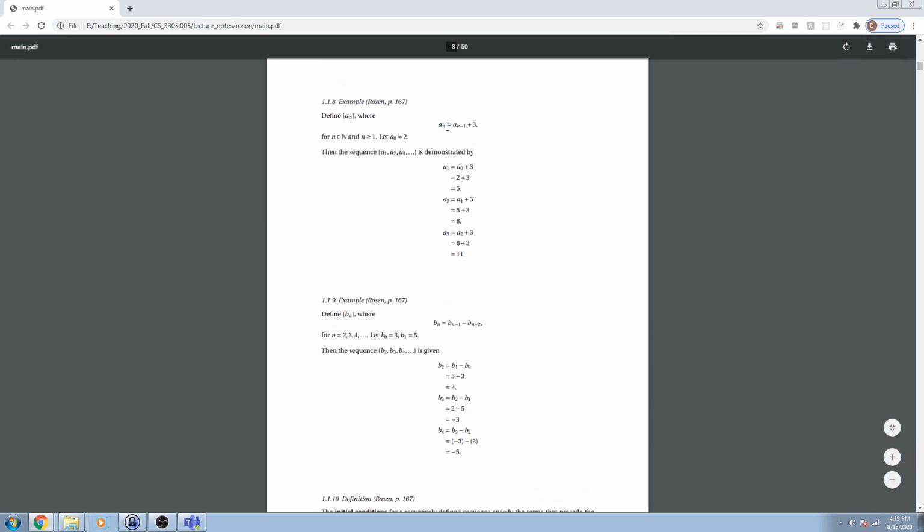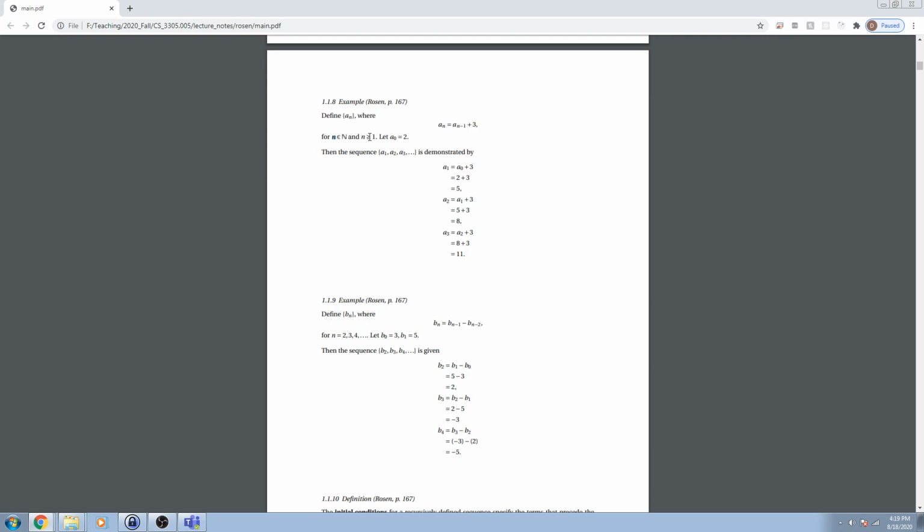So you have a sub n defined in terms of the previous term in the sequence, n minus 1, and it's just whatever that previous term was plus 3. Okay, so you take some natural number, so some number that's greater than or equal to 1, and that'll be your term in the sequence, and so we'll count up to that.